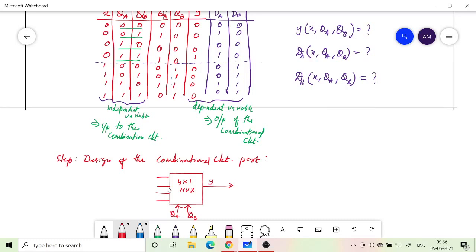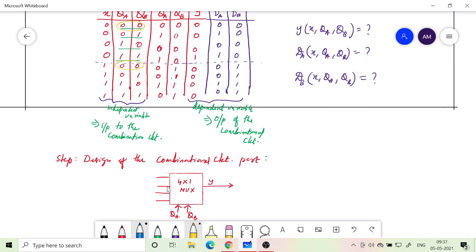Now look at Y here. Okay, so here since I have given QA and QB as input, it's slightly inconvenient. If I had given X and QA, that would have been better, but okay, we will manage it. So what we need to do is basically look for the 0 0 case. So this is 0 0 and this is another 0 0.